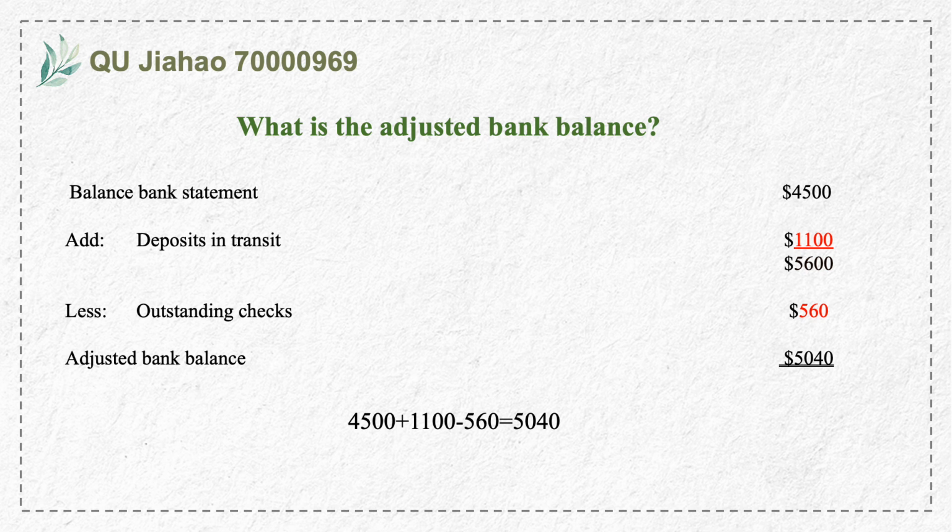So we add the deposit in transit $1,100, then next less outstanding checks $516. So we get the answer is $5,014.